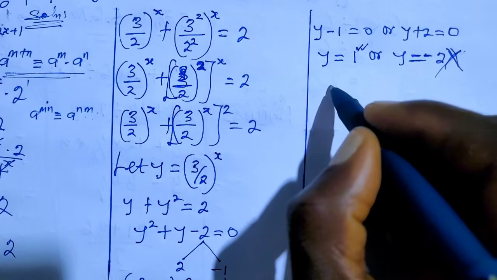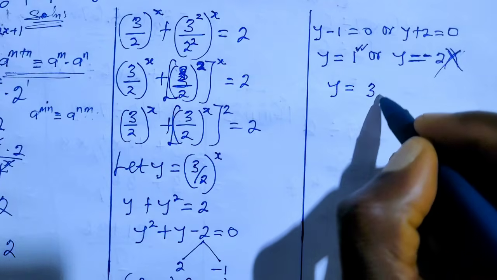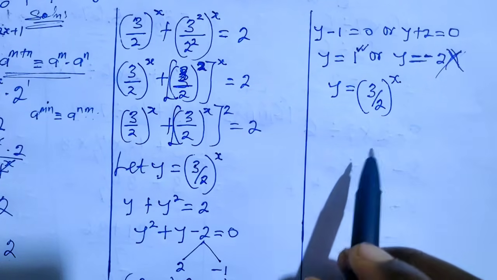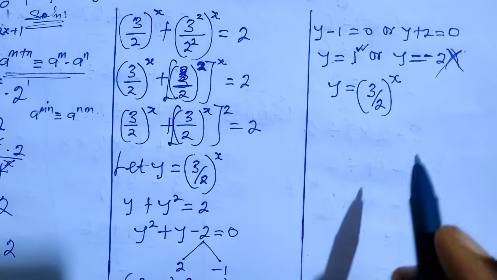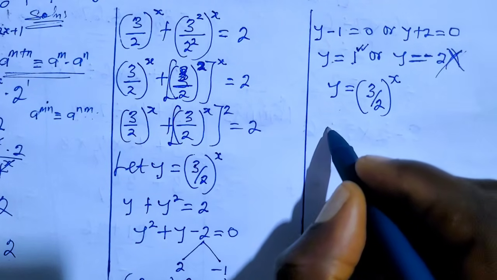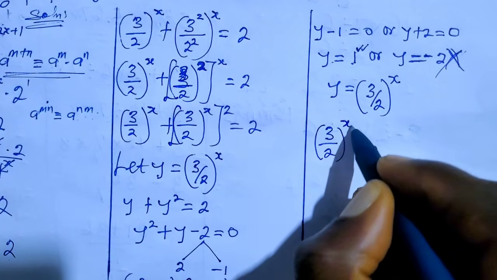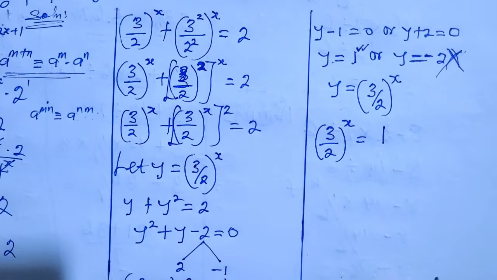Then note that you set y equals (3/2)^x. Now that we have gotten the value of y to be 1, we are going to substitute it here, and the equation becomes (3/2)^x equals 1, which is the value of y.